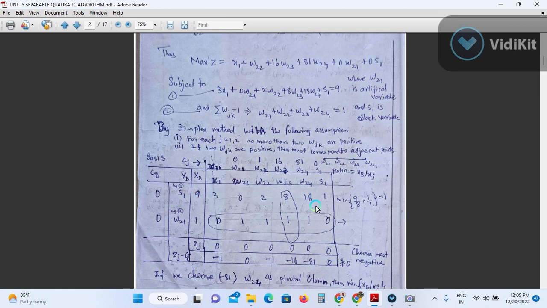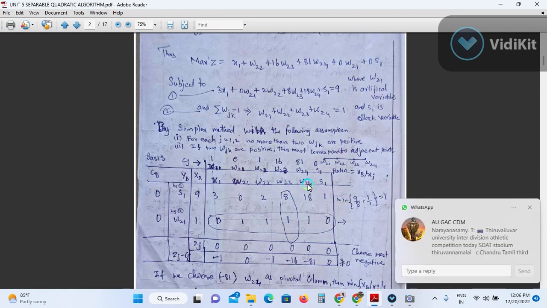So that is 9 divided by 18, and 1 divided by 1. Among these I have to choose the minimum ratio, right? So 9 by 18 is nothing but 1 by 2, and 1 by 1 is nothing but 1. So between 1 by 2 and 1, the minimum is 1 by 2. In other words, this is the pivotal row, right? Therefore this must be the leaving row, right?